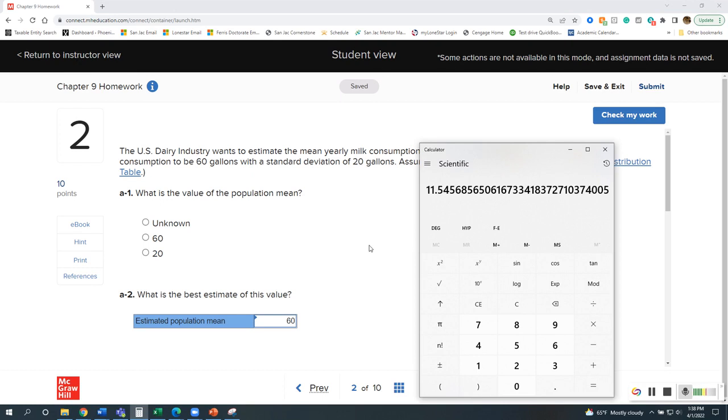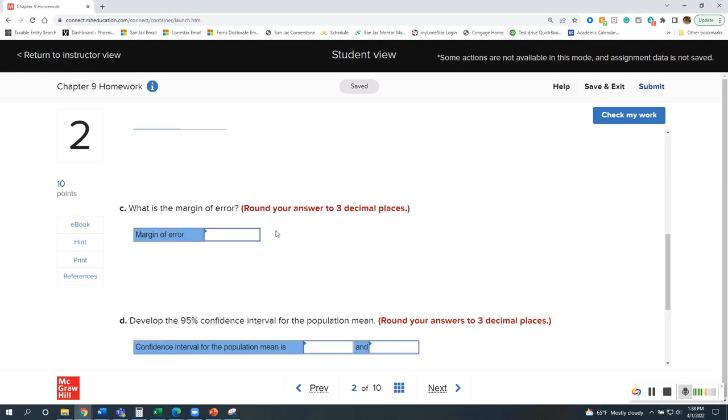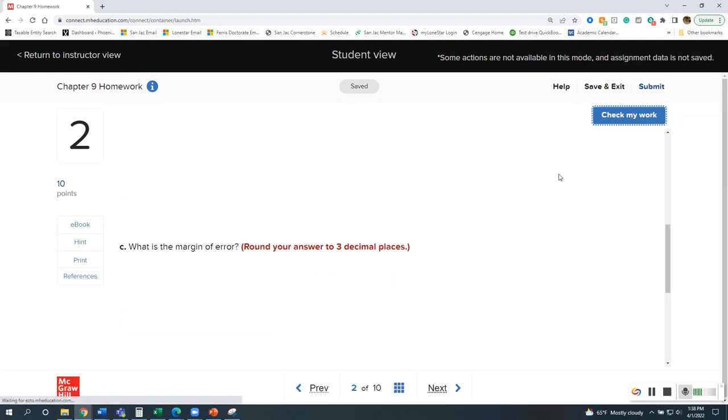Answer being about 11.4546, because again, 3 decimal places. Notice that I'm constantly checking my work since they are step by step.